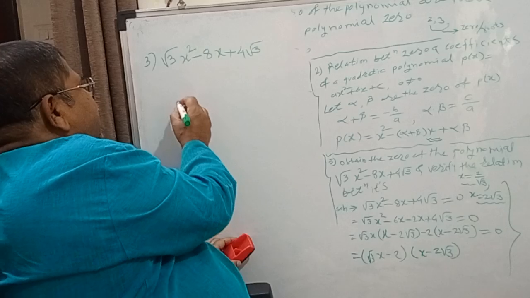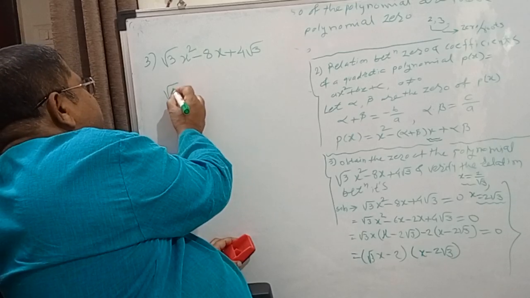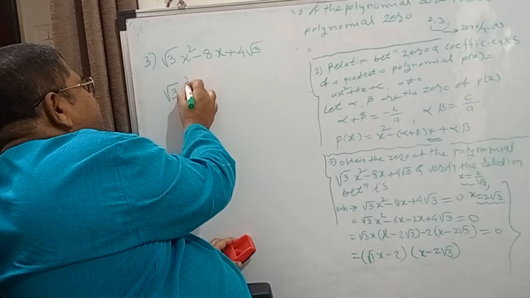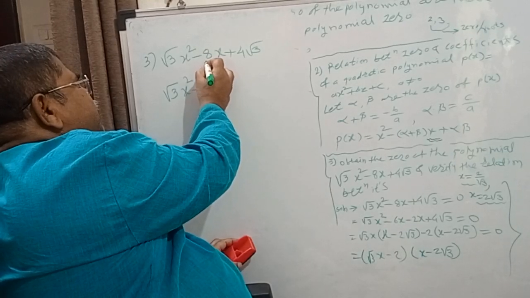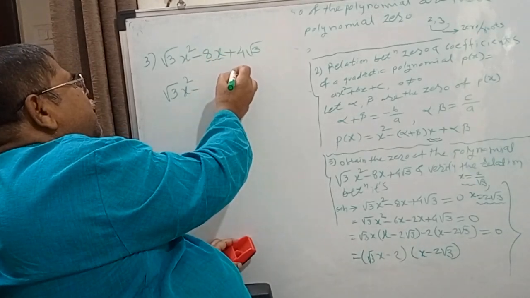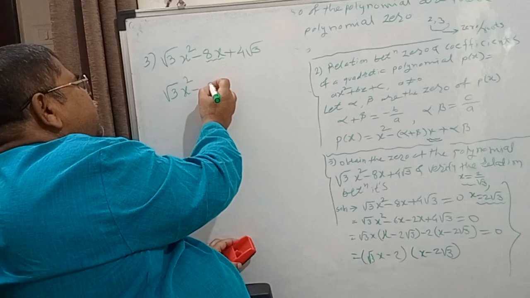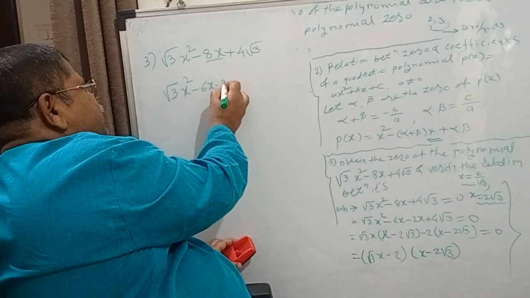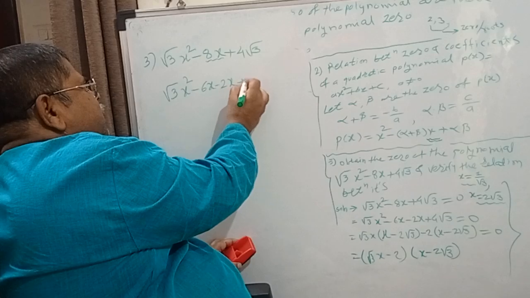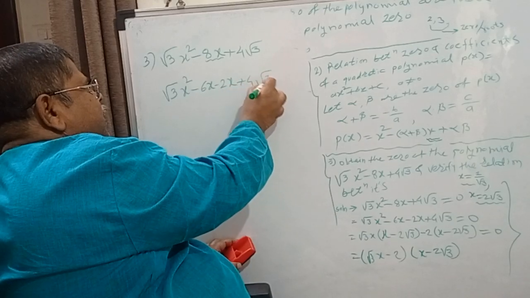Now solving by this, we get root 3 x square minus 6x minus 2x plus 4 root 3.